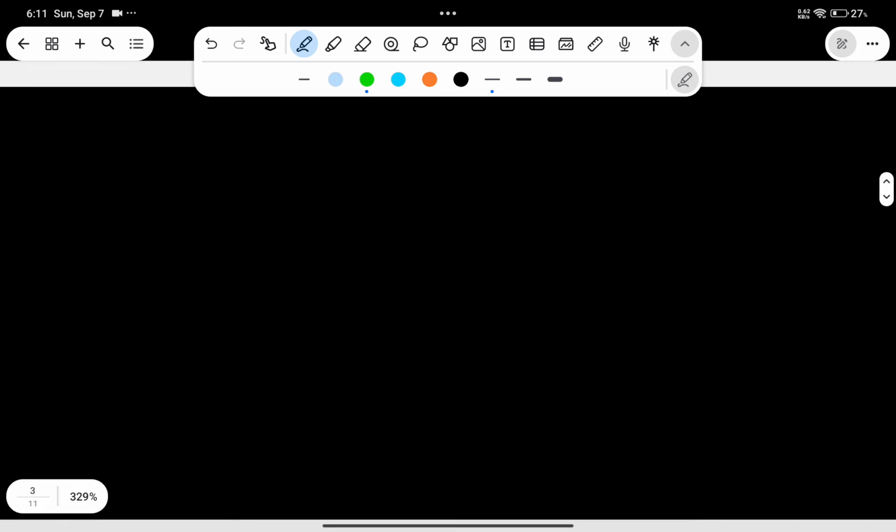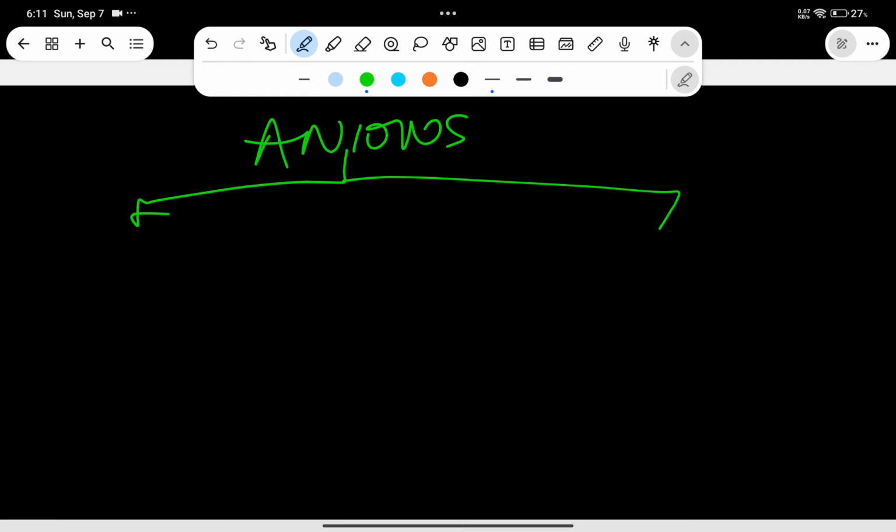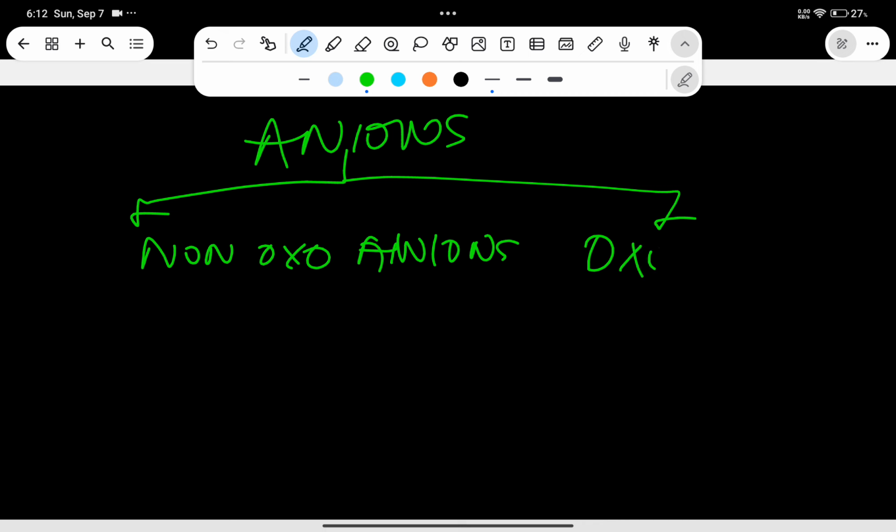Talking about oxo anions, for anions we had non-oxo anions, and now also we have oxo anions. For non-oxo anions, we saw that we just have to add the word ide to the anion to complete it and name a particular non-oxo anion.